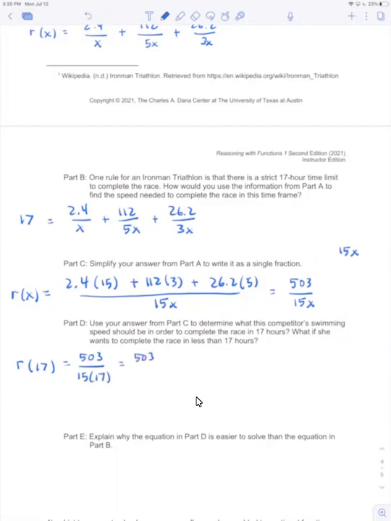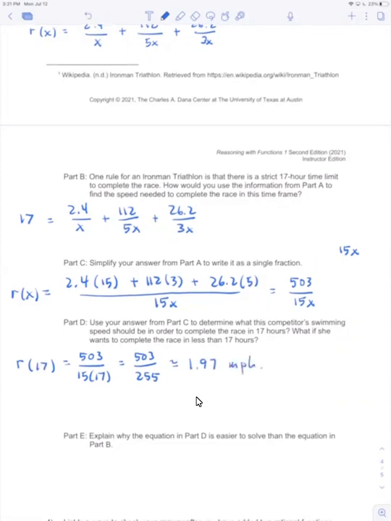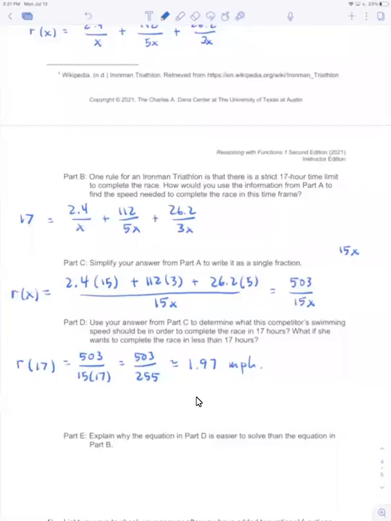And that would be 503 over 255, which is approximately 1.97, and that would be in miles per hour. So she would need a speed about 2 miles per hour for swimming and 10 miles per hour for cycling and 6 miles per hour for running. And she'll complete the race in just under 17 hours.